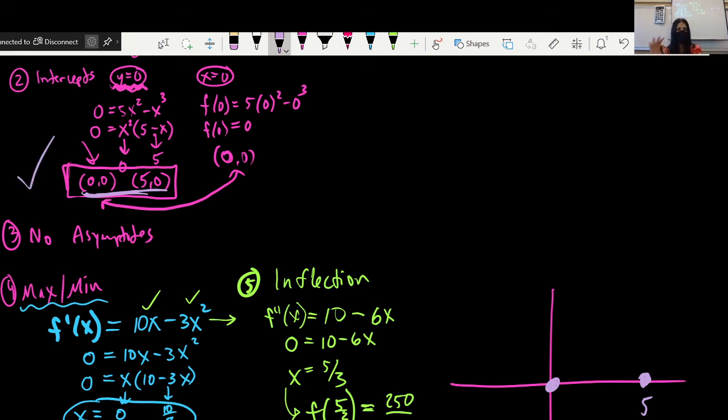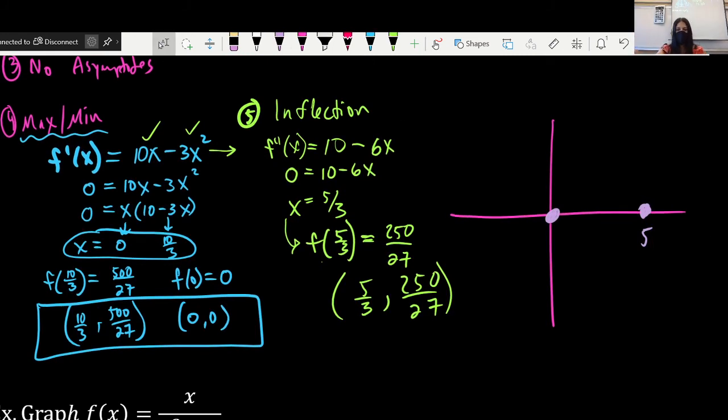I've dealt with that. There's no asymptotes. I know that there's a point of inflection. Well, maybe I can do this. We have our point of inflection at this point, 5 over 3 and 250 over 27. Probably best that we do convert that into a decimal so that we can see that it's going to go like this, and we're going to have a point that goes like this.